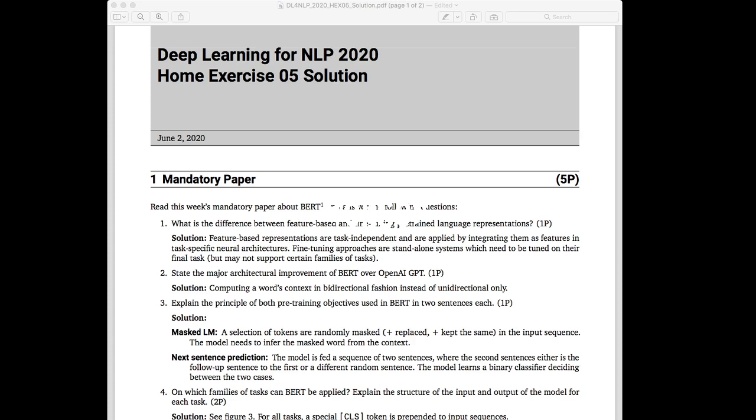For example, if we want to use these embeddings for a text classification task, we need to train a model, a classification system, on the text classification dataset, right?